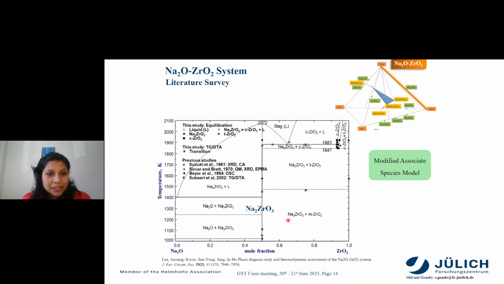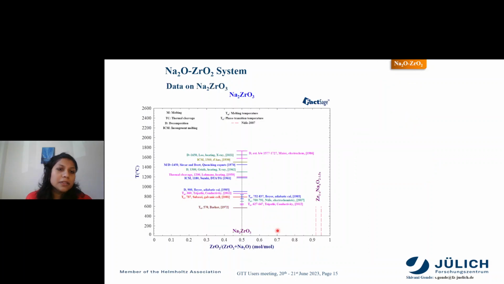And in this system, there is sodium zirconate present, and the compound stability can be summarized in this picture. And there is not so much melting information available for this compound.